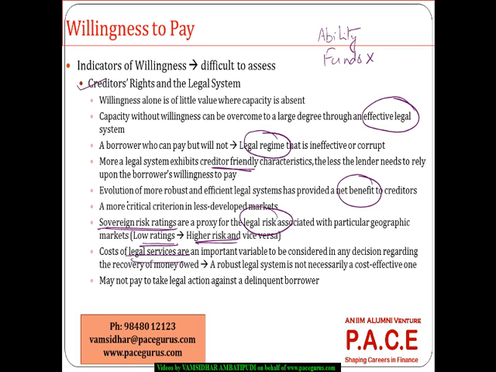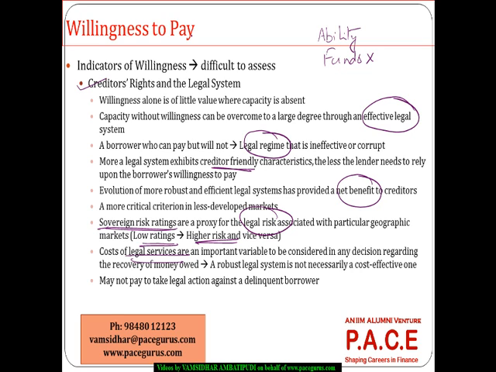I want to approach a legal system, but my legal costs, the fee that I pay to a lawyer and various other activities, is going to be exorbitantly higher. And because all these costs are going to be exorbitantly higher, I may better feel not to go for a complaint. So if that's the case, though the legal system is efficient, because it's not cost effective, I may not take the help of a legal system at all.